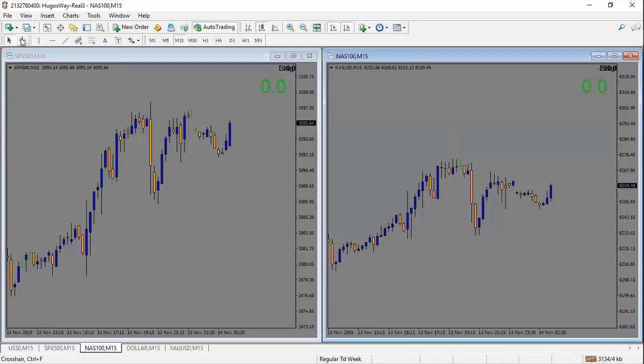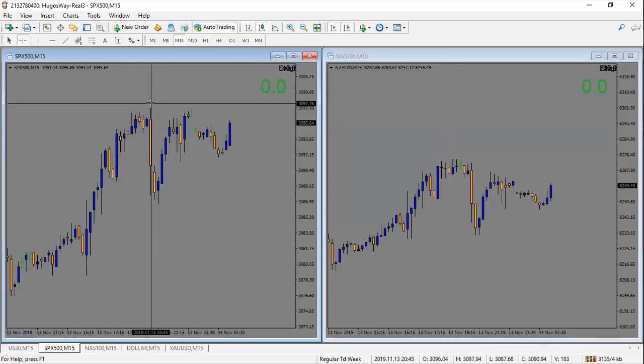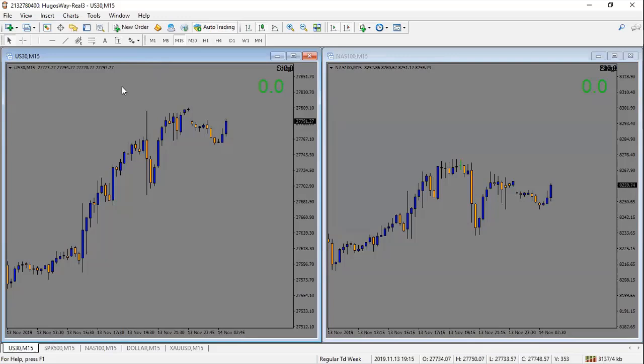Okay? The same drop on SPS 500. 105 pips. NAS US30, the same drop. 1,146 pips.